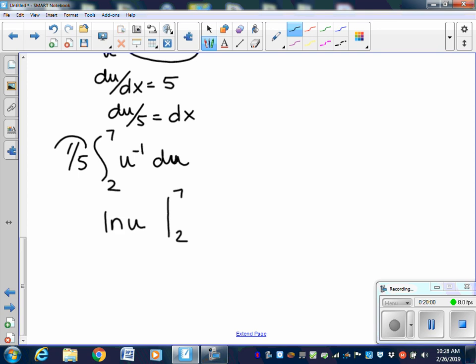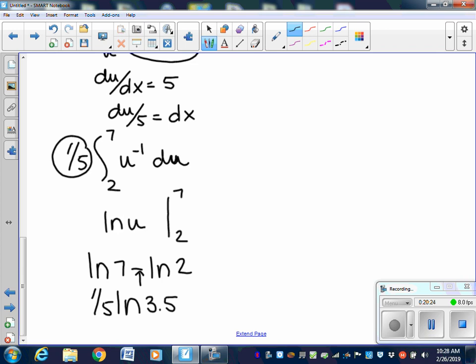But don't forget about the 1/5, which we'll add at the end. Basically, it's the natural log of 7 minus the natural log of 2. And the rule says that with a minus sign, you can put these together as 7 divided by 2, which makes 3.5. And then put the 1/5 as part of your final answer.